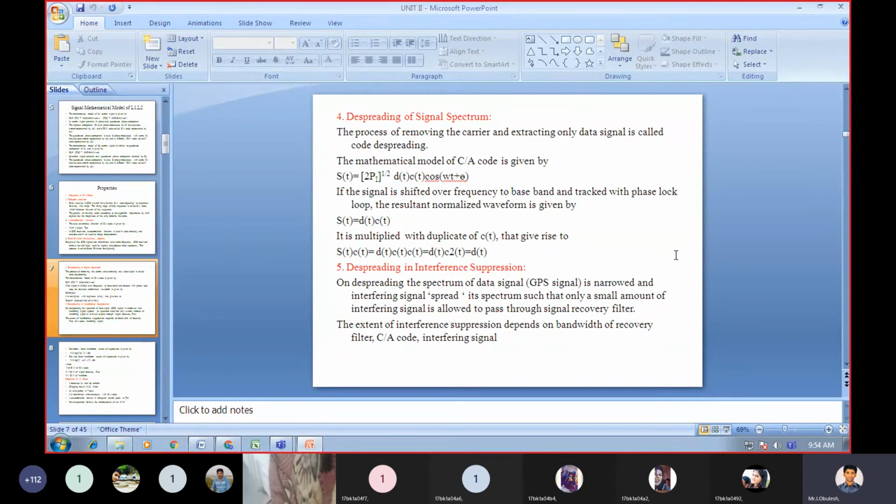The process of removing the carrier and extracting only the data signal is called code despreading.